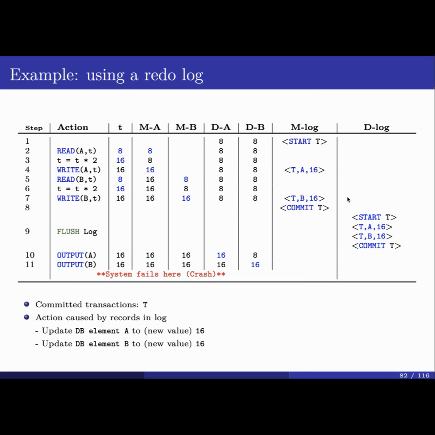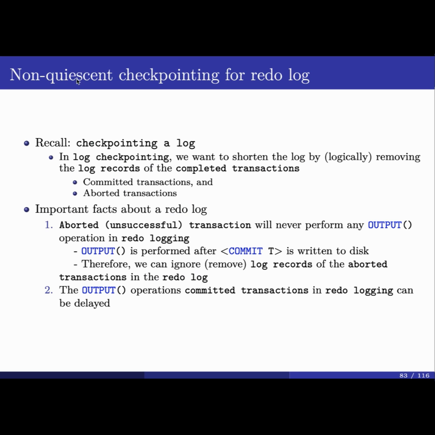So now, again, this log size might be too large, too huge. Can I reduce the size? Yes, using checkpoints. And we are interested in only the non-quiescent checkpoint technique, okay. So how can you do that? Remember, in the checkpoint, what you need to do here is just shorten the log file by logically removing the log records of the completed transactions.